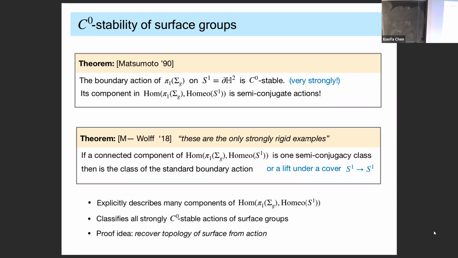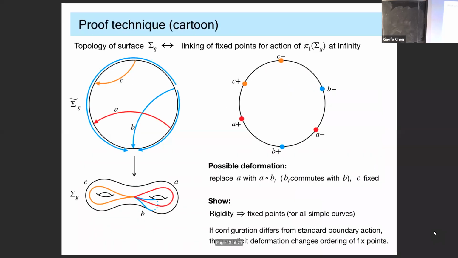This is a famous theorem in three-manifold topology and surface groups that says that you can identify the action of a surface group on its boundary by some list of dynamical properties. Morally, that's what it says. And his proof somehow considers this action of the boundary and reconstructs sort of the hyperbolic plane on the inside. So we have this kind of reconstruction idea.